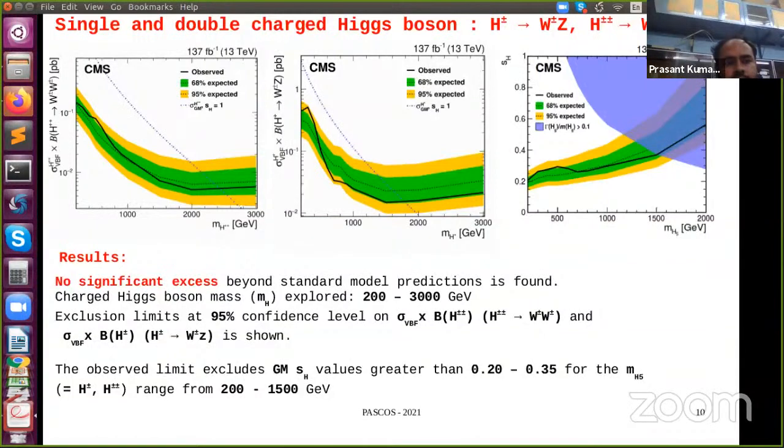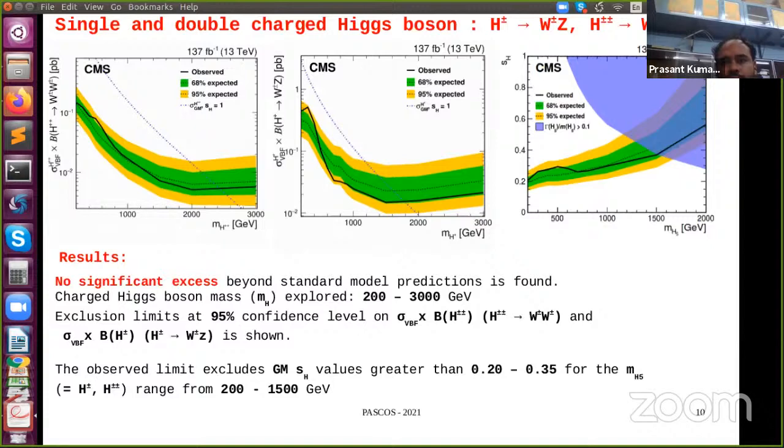As you can see, no significant excess beyond the standard model prediction is found. The charged Higgs boson mass range for this analysis is from 200 to 3000 GeV. The exclusion limits have been obtained at 95% confidence level on the singly charged Higgs boson and on the doubly charged Higgs boson in the VBF production process.